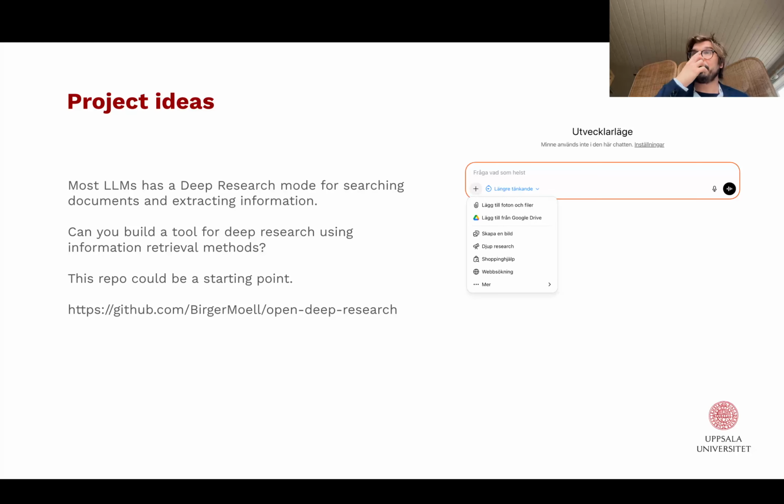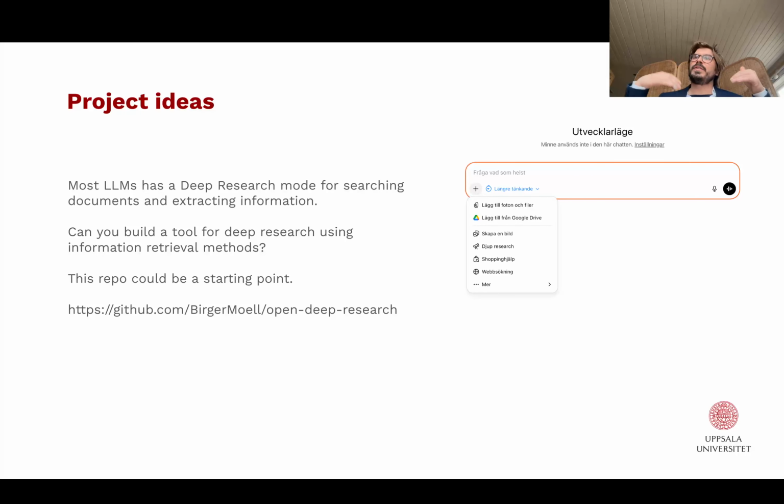Another interesting idea, which can be complex, is this: most of these systems have something called deep research. They query a lot of documents and try to find which documents are used for this. For example, I want to learn everything about the link between, let's say, creatine and productivity, or caffeine, right?